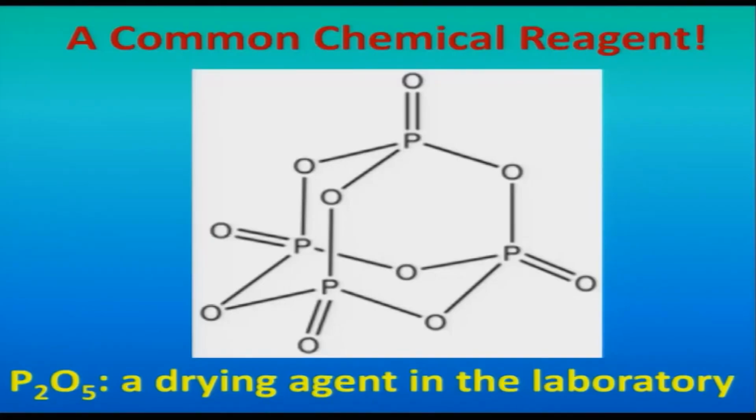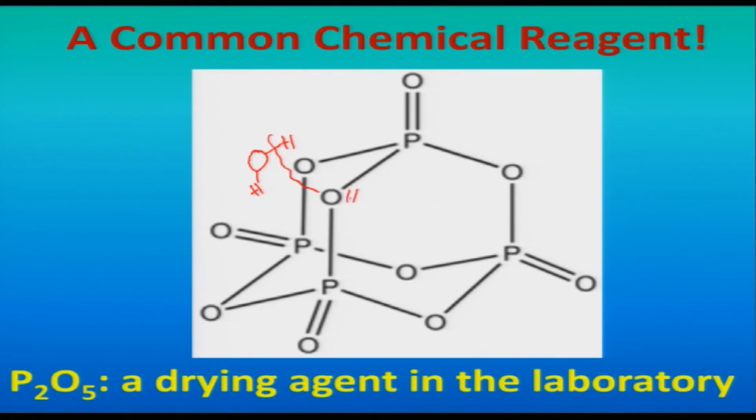Now, what is exactly happening is that when you add a drop of water to this phosphorus pentoxide, this water actually hydrolyzes it like H and OH, and this PO bond breaks and forms OH.